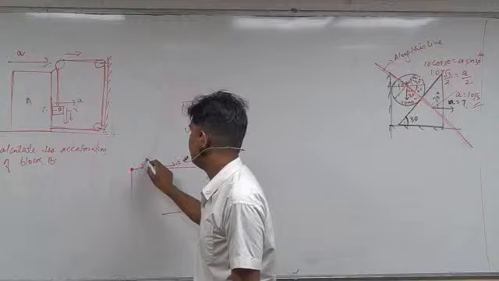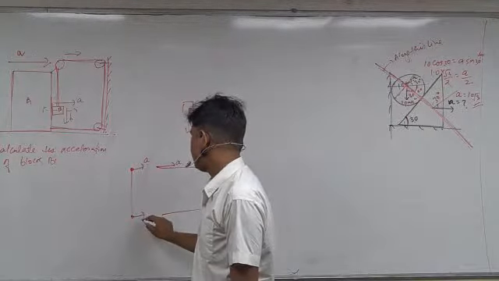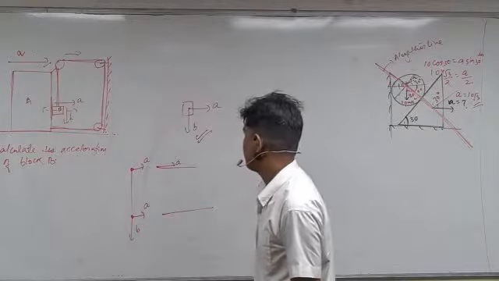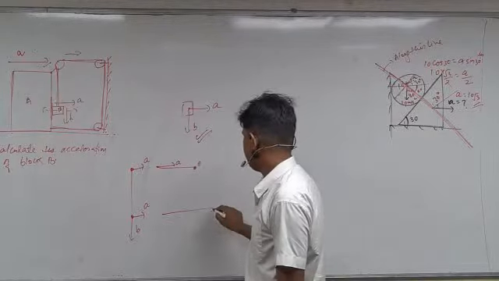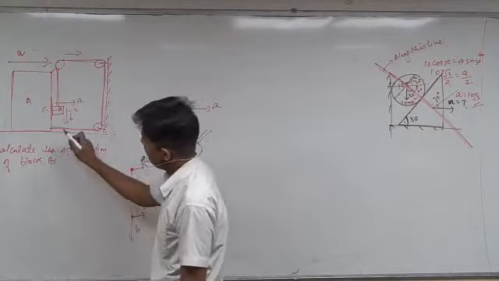This will also have acceleration a in this direction. This point will also have acceleration a in this direction. This is falling down with b. This is stationary, this is stationary, this is moving in this direction with a because it is attached to block A.